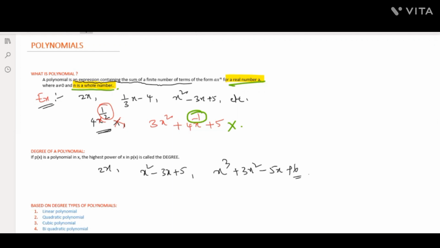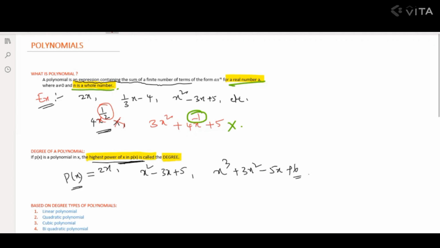If I assume this polynomial is p of x, then the highest power of x in p of x is called the degree of that polynomial.